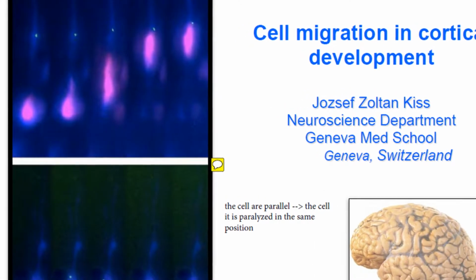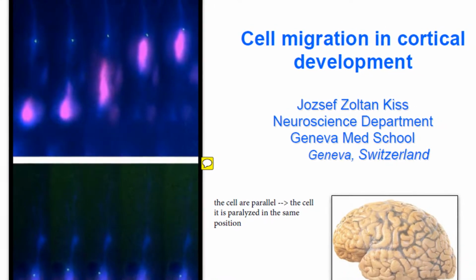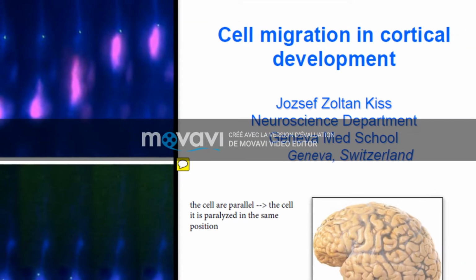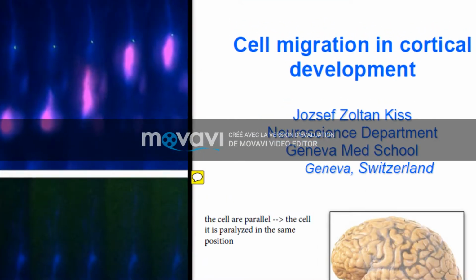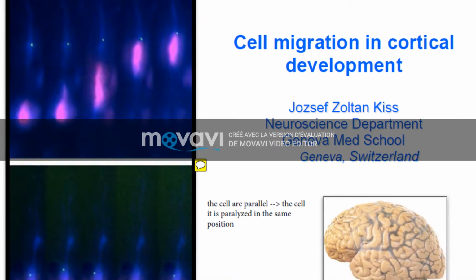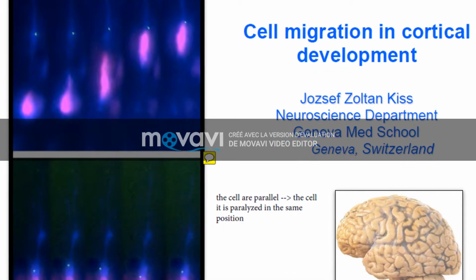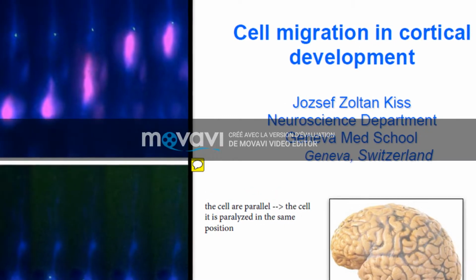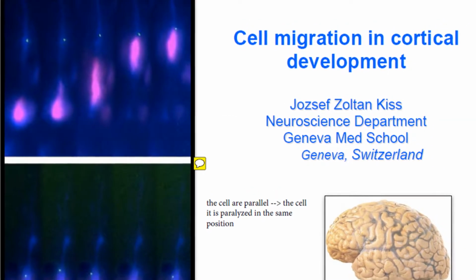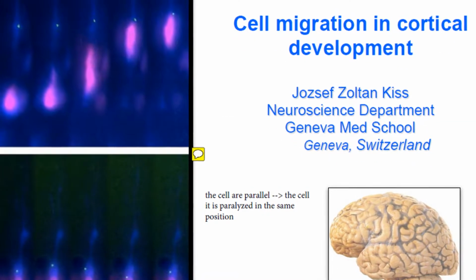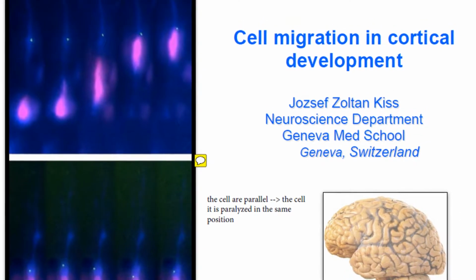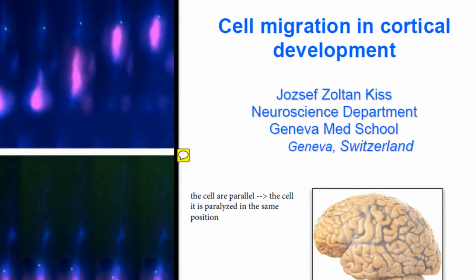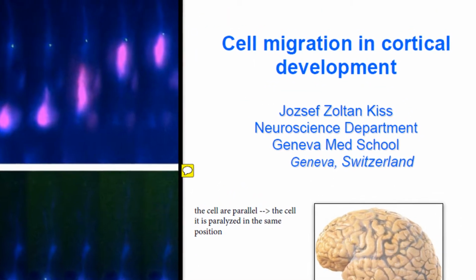You understood really interesting things, that there are waves of generation and migration of neurons. Layers are established. Okay, there will be pyramidal layer 1, 2, 3, etc. We understood that there is direct guidance by radial glia, also attraction by reelin.